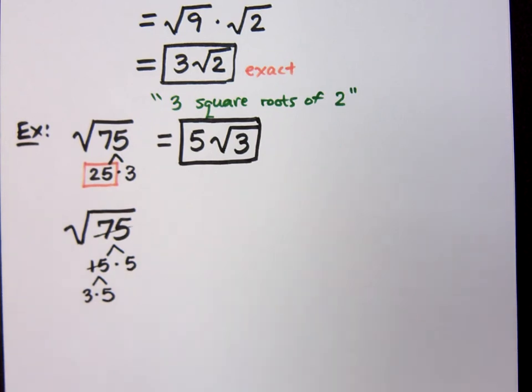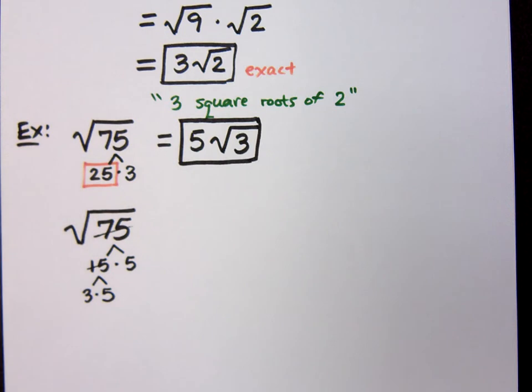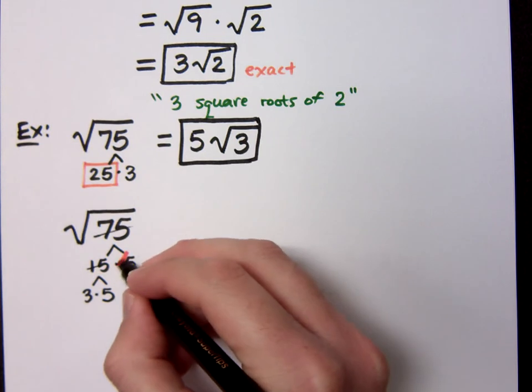If I'm talking about a square root, I need to find a factor that's a perfect square, like the 25, or I need to find how many of the same factor. I need to find 2 of the same factor if it's a square root. Square root means you're looking for things that are perfect squares. You have 2 of the factors. So I can look at these 2 guys right here.